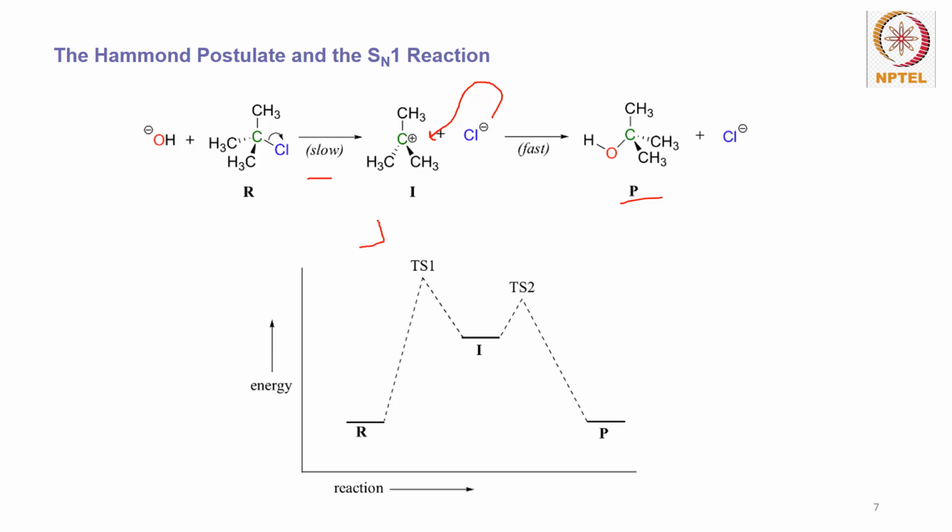The transition state will be like this, where the carbon-chlorine bond gets partially broken, with delta positive, and it forms this intermediate I. Then after that the nucleophile attacks.